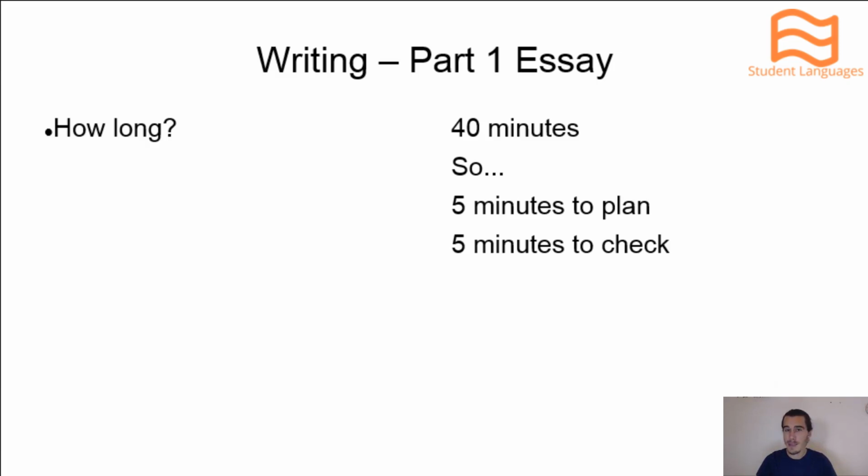You find spelling mistakes and silly mistakes that you know how to correct. This is the same for all my students, so definitely save yourself 5 minutes at the end to check your work. It's so important. You also have, therefore, 30 minutes for the writing.